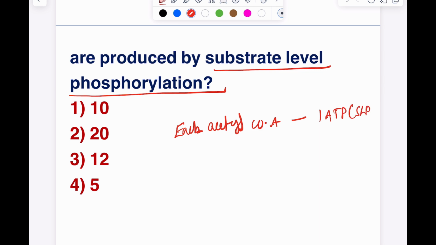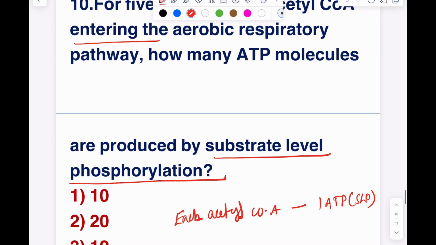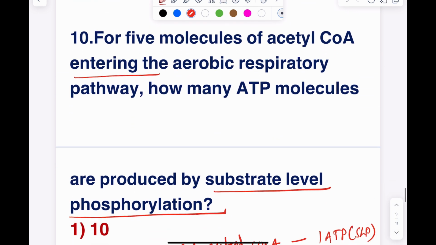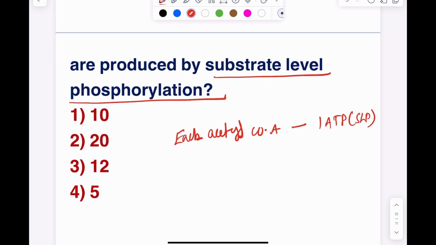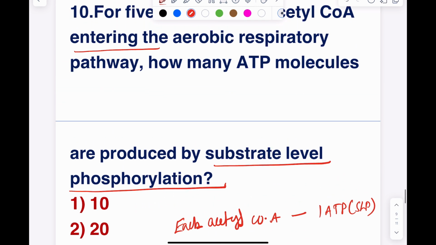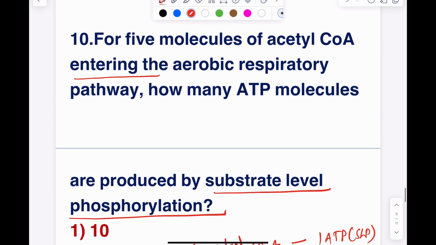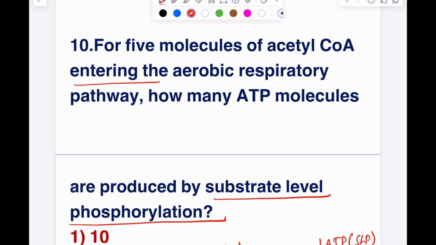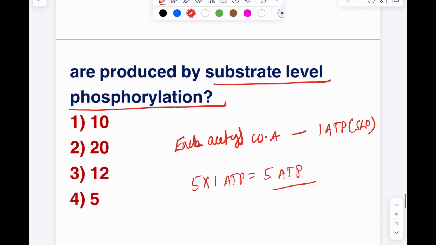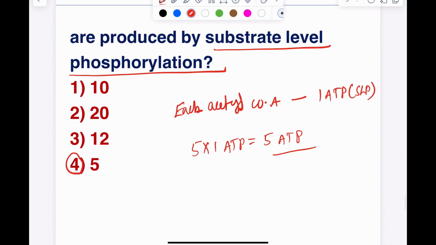It is SLP, substrate level of phosphorylation, right? So 5 into 1 ATP, the total 5 ATP molecules. So the answer will be 5.